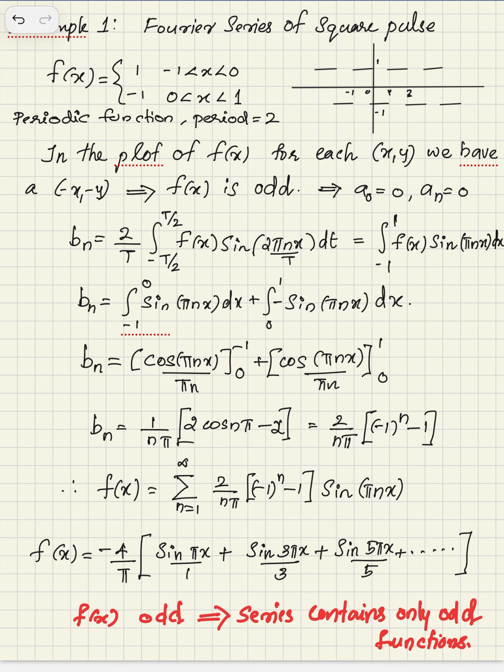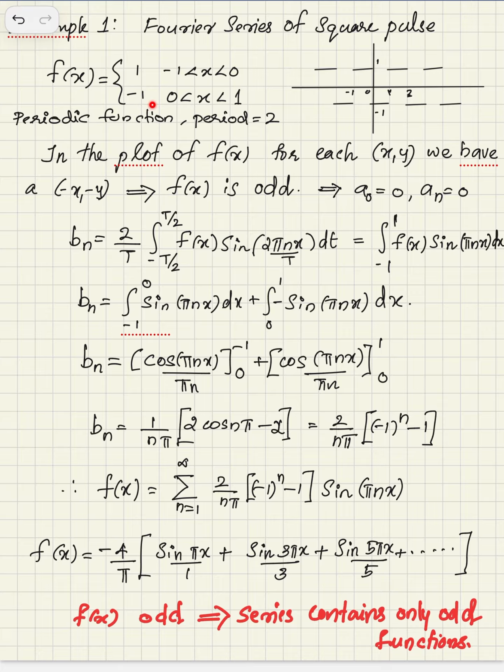In the plot of f of x, for each point (x, y), if you consider this point, this is minus half, and there is a point half. So for each (x, y), there is a (minus x, minus y). Then the function is called odd. A function is said to be odd if f of minus x is minus f of x.